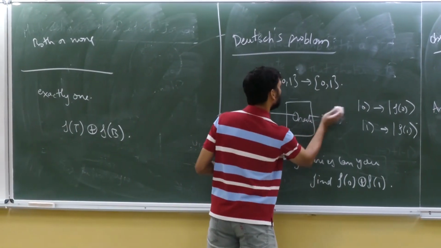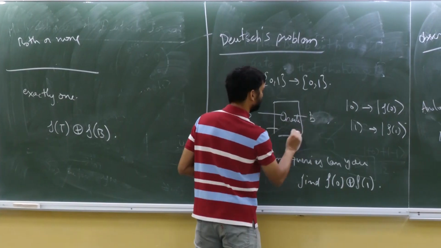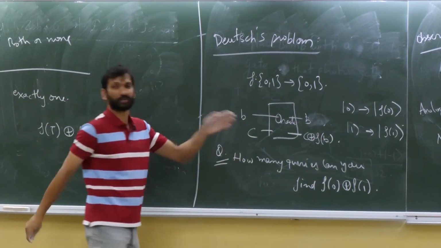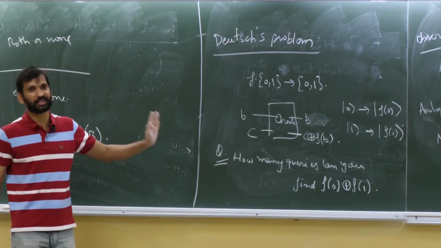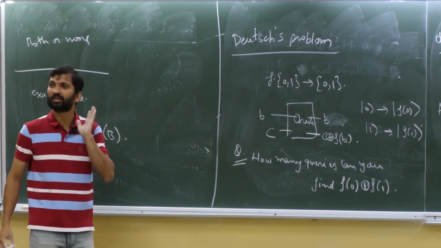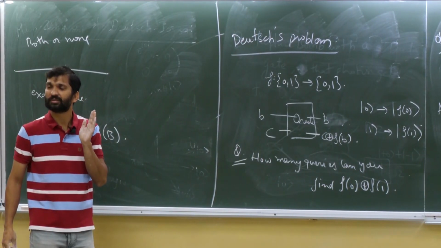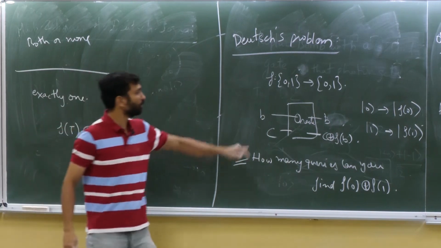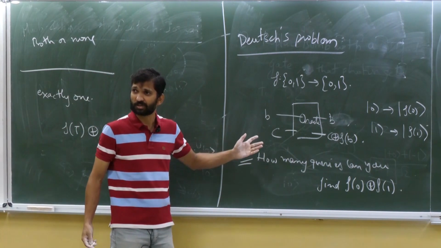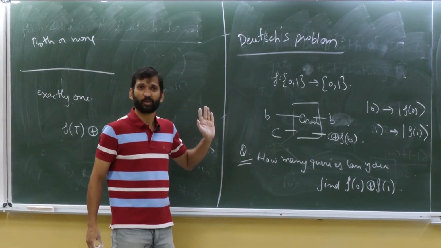You can give this oracle classically also, quantumly also. It's very clear classically, you will need 2 queries. But quantumly, you are allowed to give superpositions here, not just classical bits, obviously, because it's a quantum oracle.